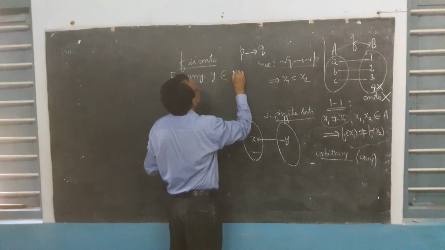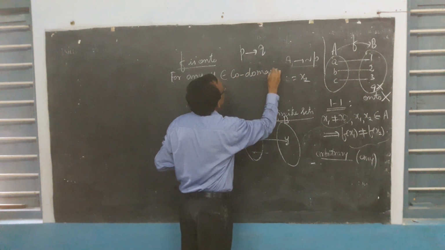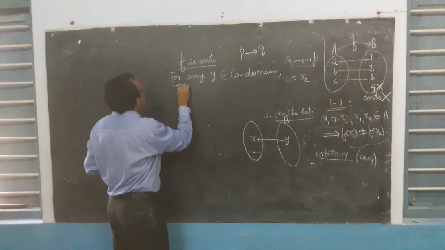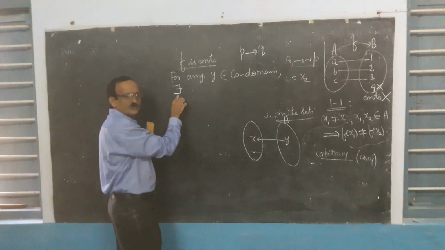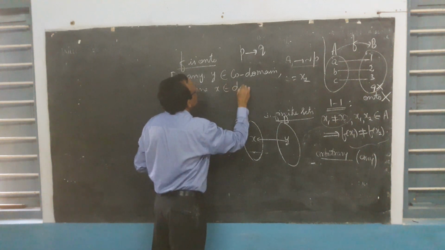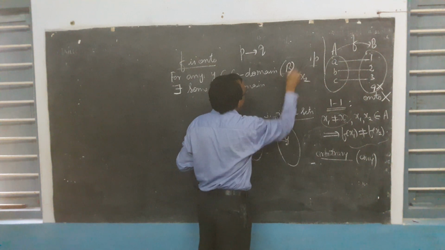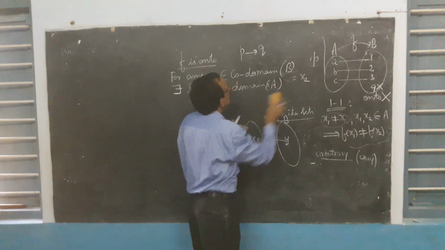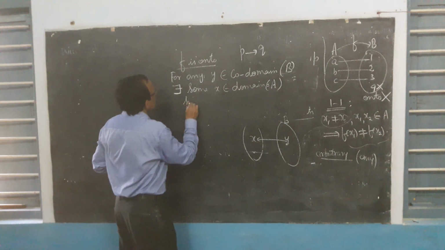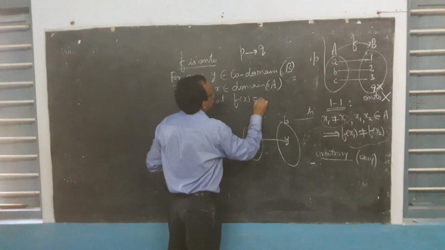For any y belongs to the codomain B, for any y belongs to the codomain, we must show that there exists some member x belongs to the domain A. There exists some element x in the domain such that f of x is equal to y.